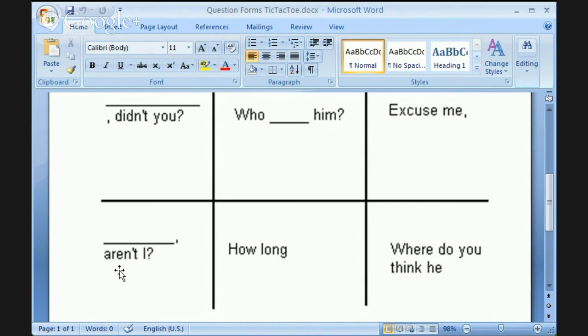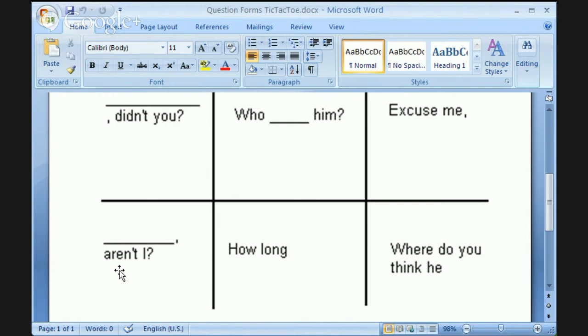Side question, Daniel, why do we use aren't in English for present tense? Obviously, we don't say I are a man. We say I am a man.